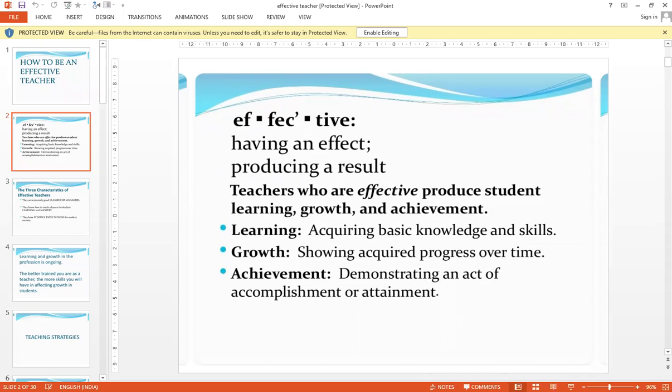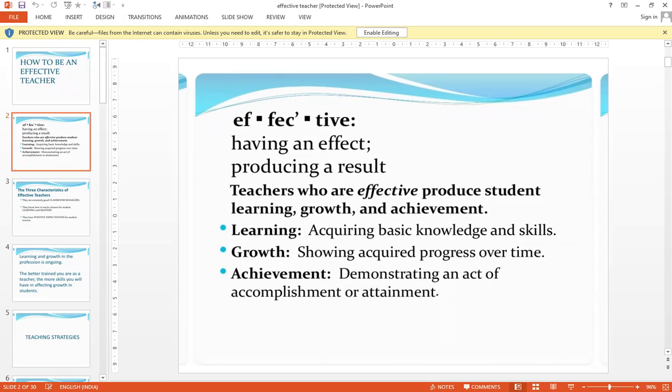Not only these, they also help the learners to show progress over time, and they also help the students to achieve their goals.